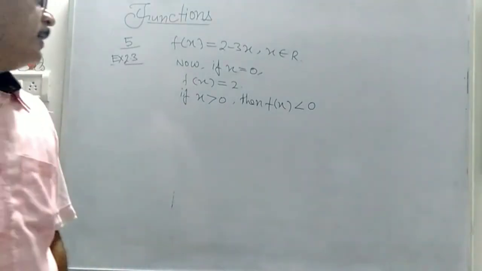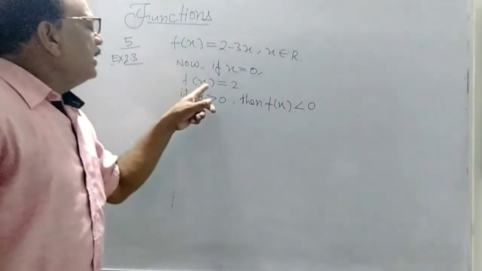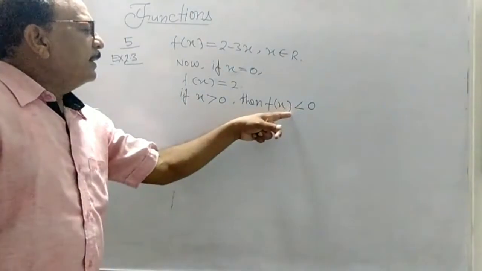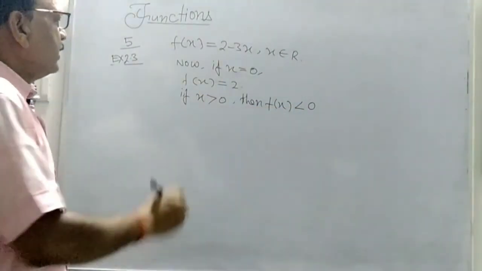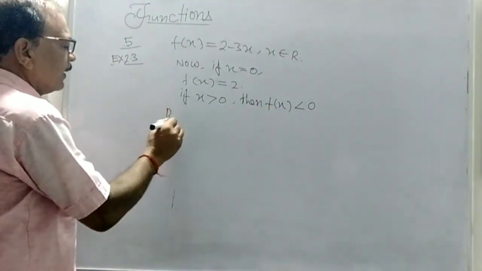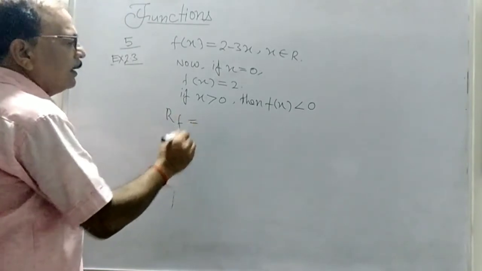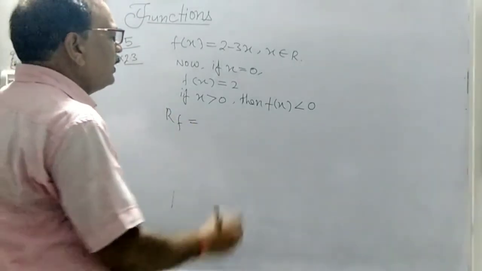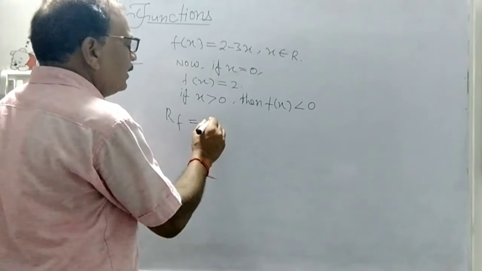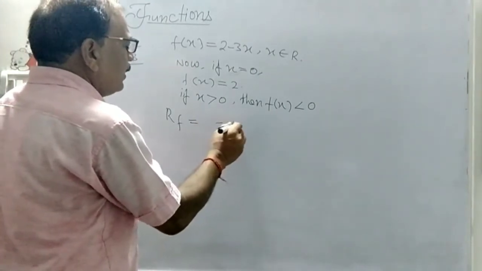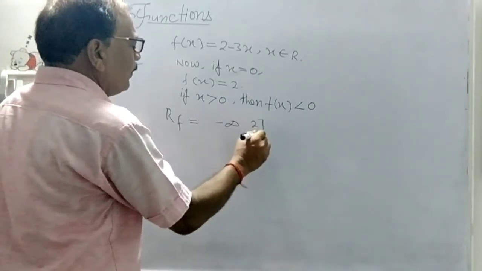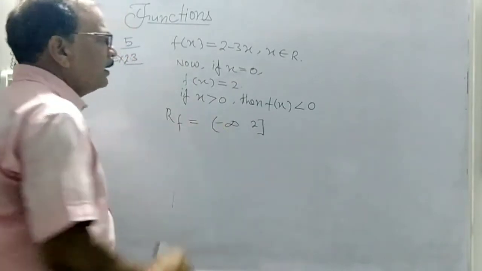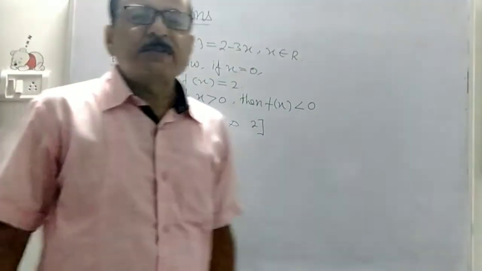It means that the range of this lies from minus infinity to 2. This is the range of this function.